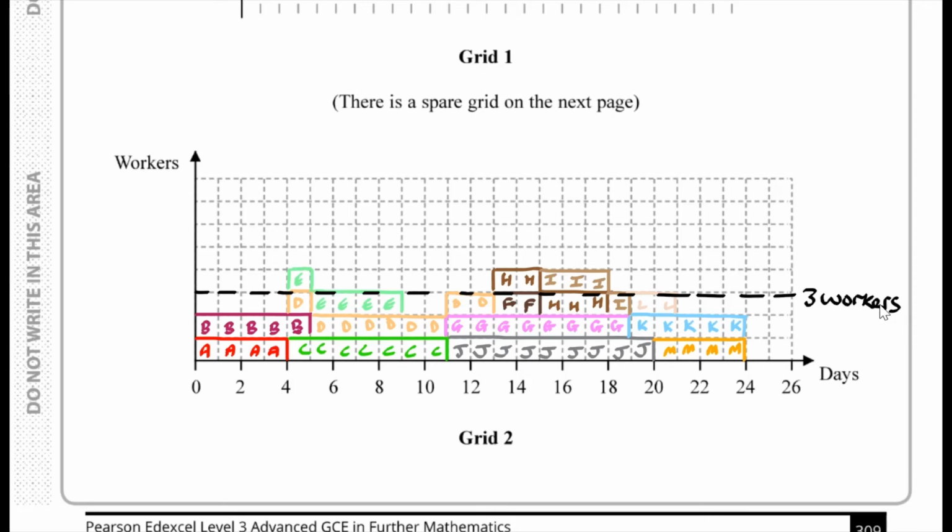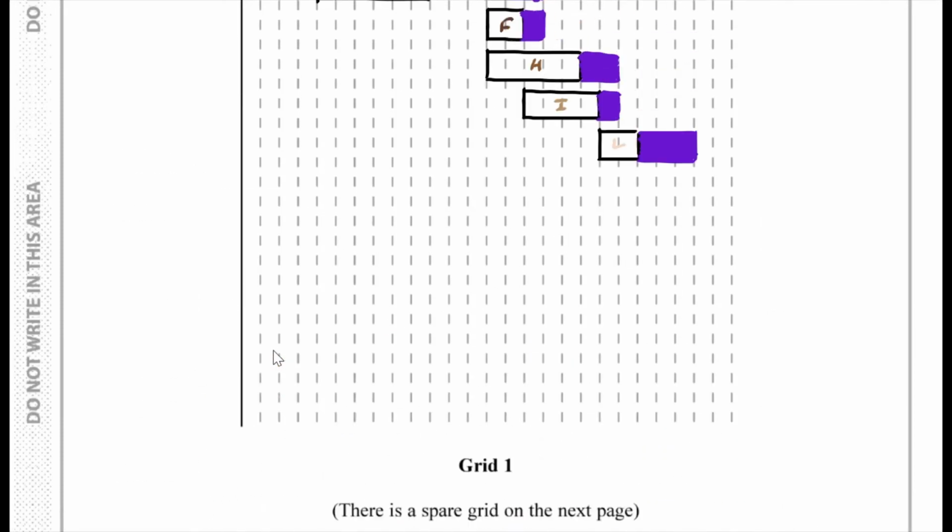Now we're asking in this question, can we complete the activities if we have 3 workers? Now if we consider this activity E over here, well, first of all, we have to get A and B done. That's quite important. Okay?